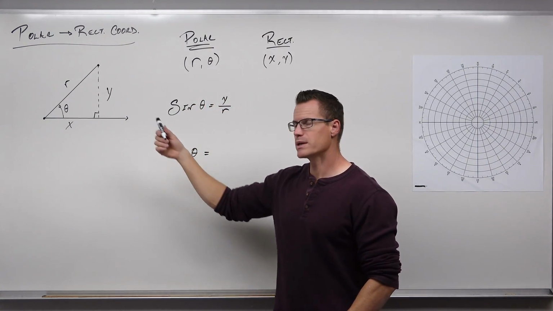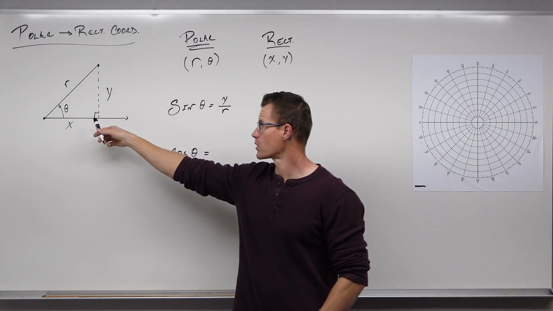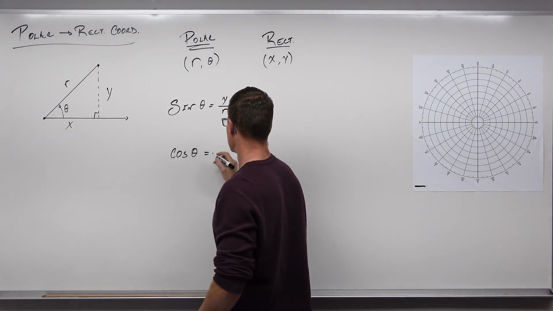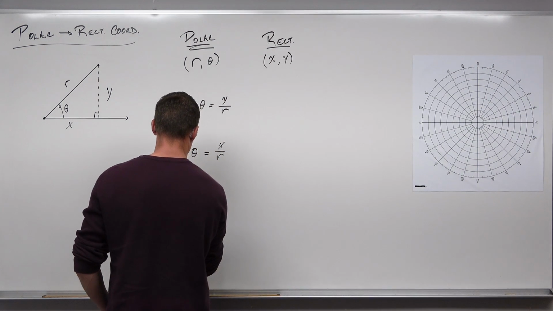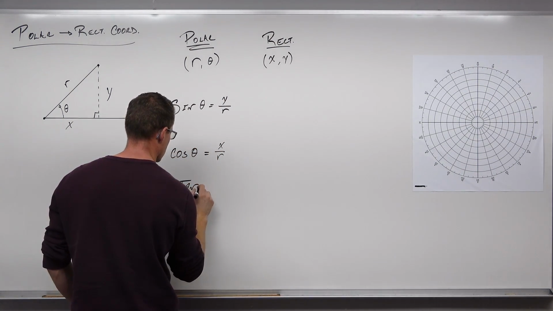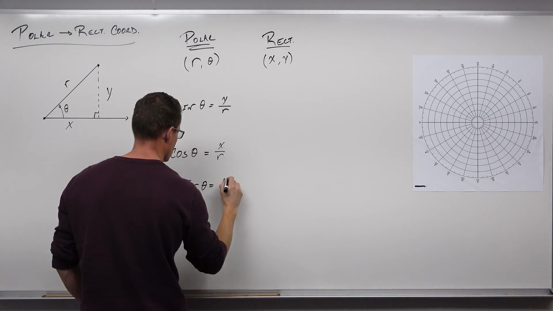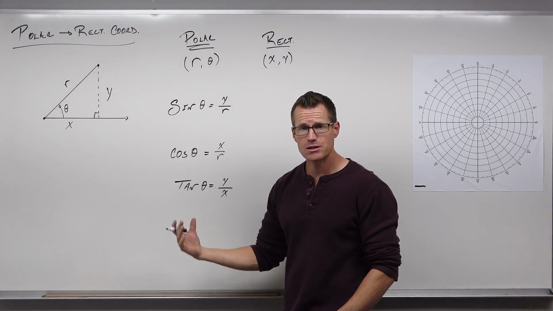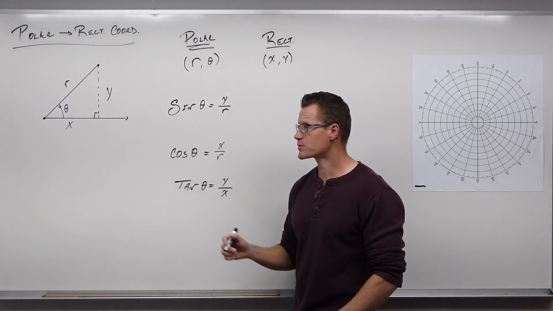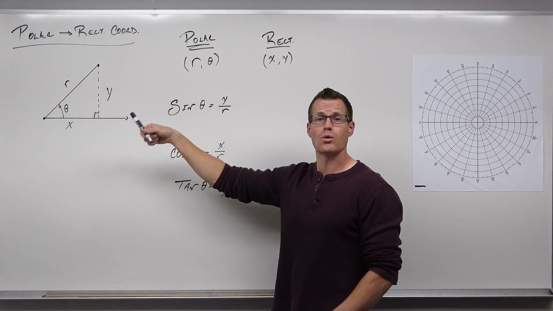Cosine of theta is always the adjacent over the hypotenuse, or x over r. And tangent of theta, just from our right triangle trigonometry, is opposite over adjacent, or y over x.